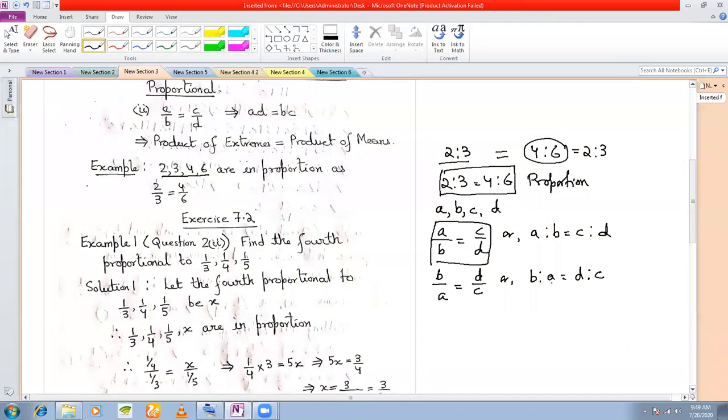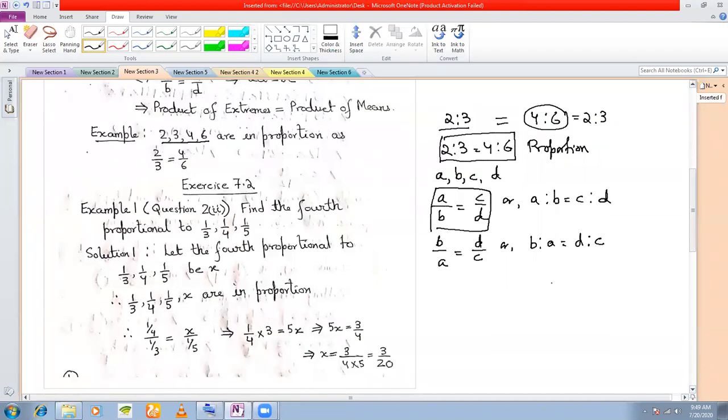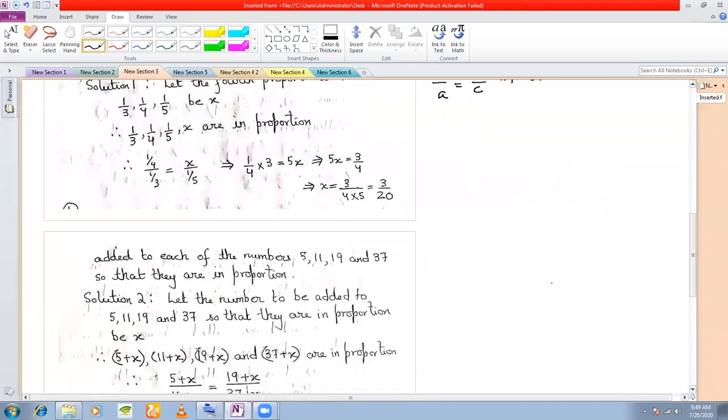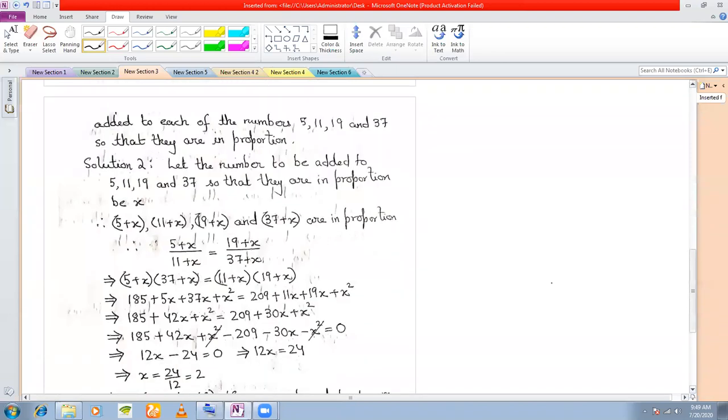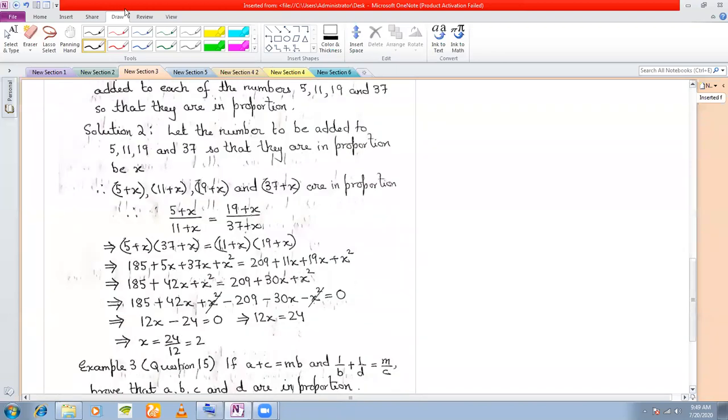So the definition of proportion, once again: when two ratios are equal, it is called a proportion. Yes, this is one that you have done in class 8 also.